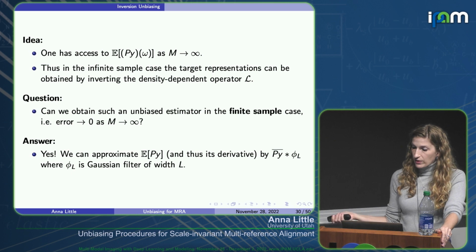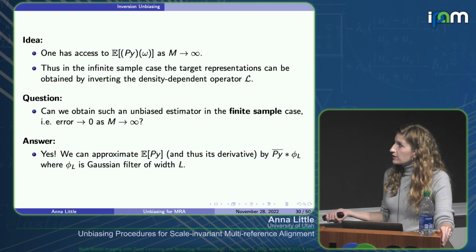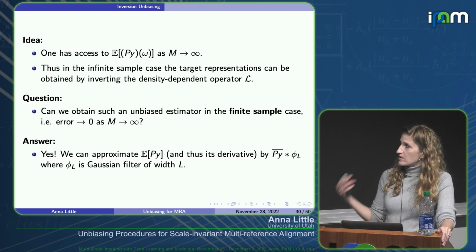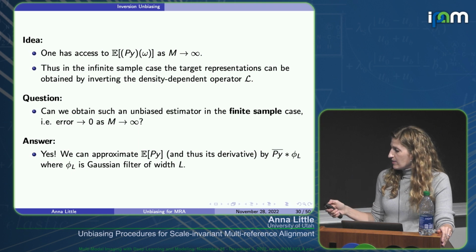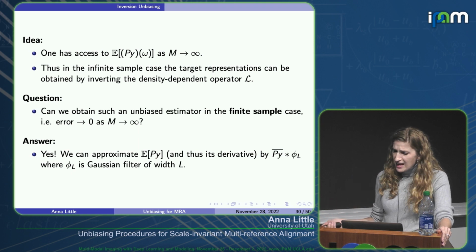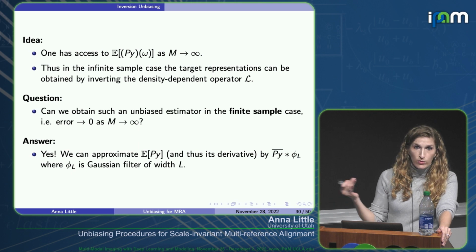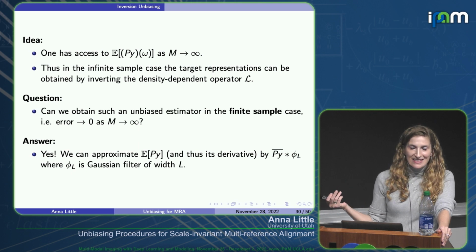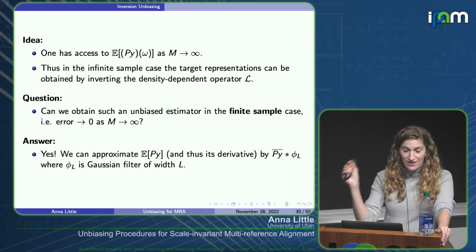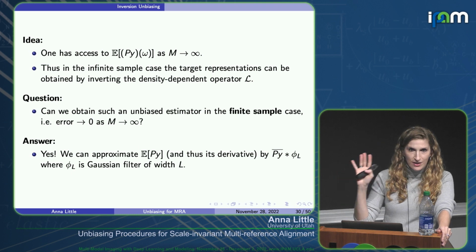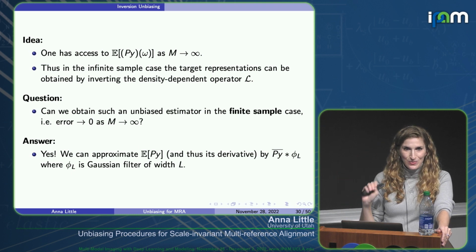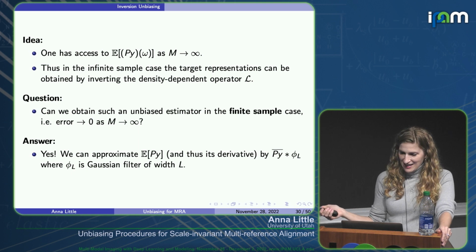In the infinite sample case, we can actually recover the target representations by inverting that density-dependent operator. And then the question becomes, what about the finite sample case? Do things stay nice if we approximate those things well? And the answer is yes. If you have a large M, everything is well approximated, and it works.